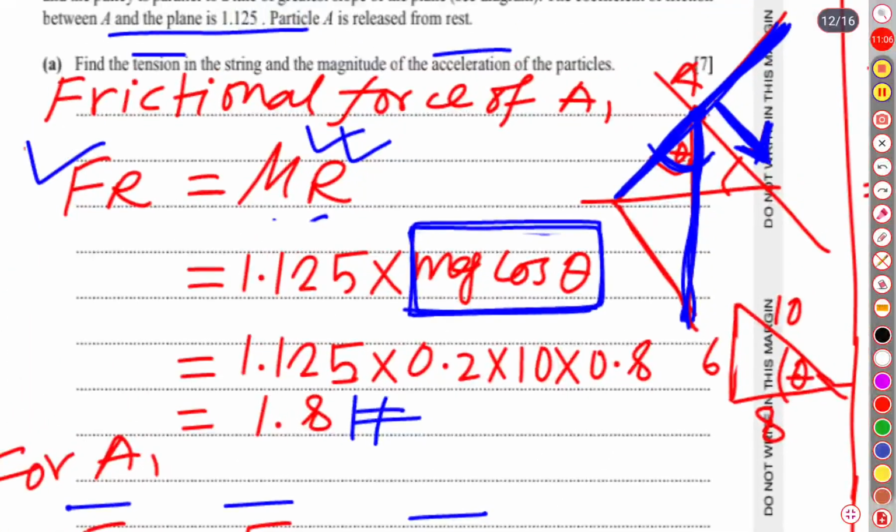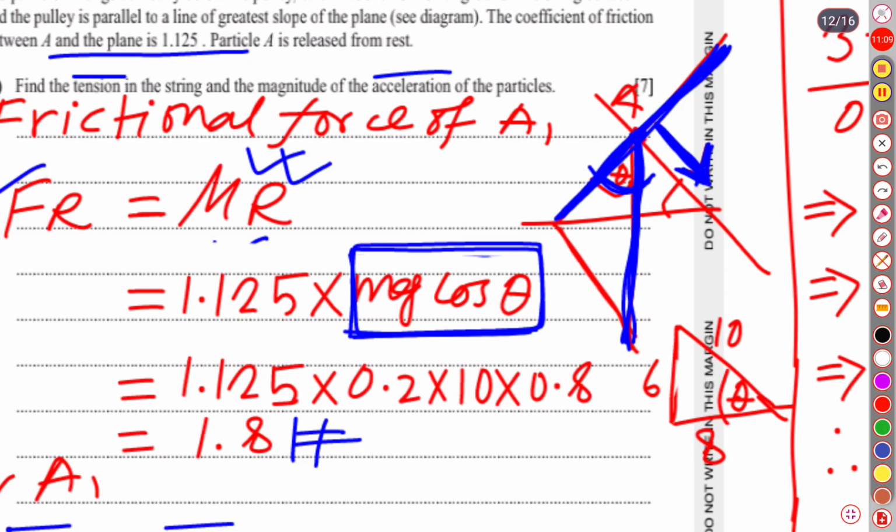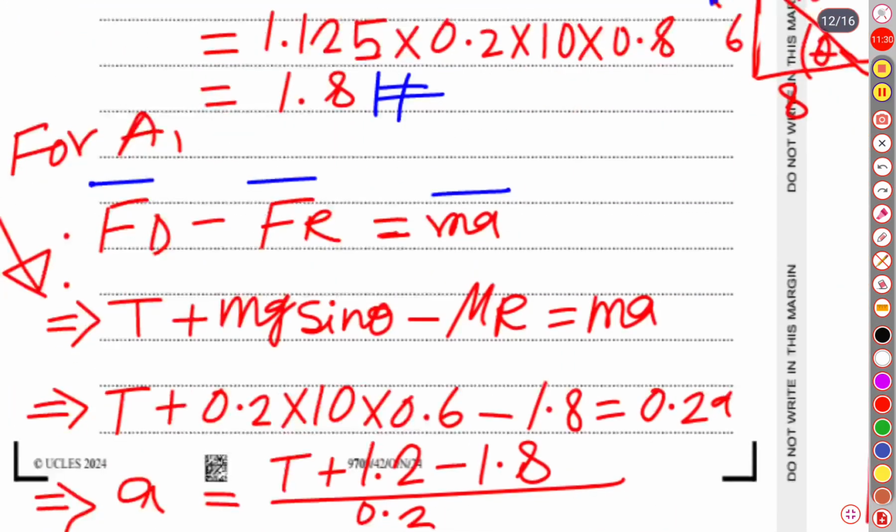Once again I am repeating. For A there are two driving forces. One is the tension, which is moving it downward, and another is the weight, which is also sliding the particle down. Now we will write these two as our driving forces, and I have already clarified that if mg cos theta is the normal reaction or resistance force, then mg sin theta will be the driving force.